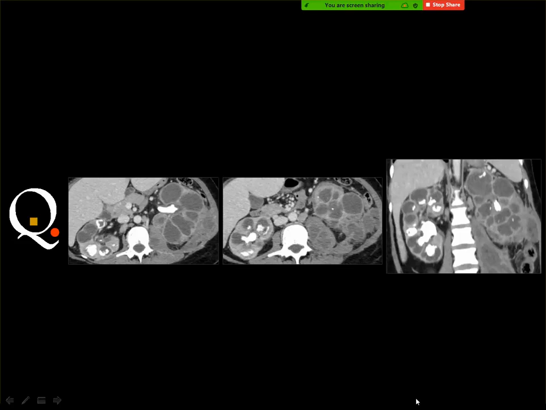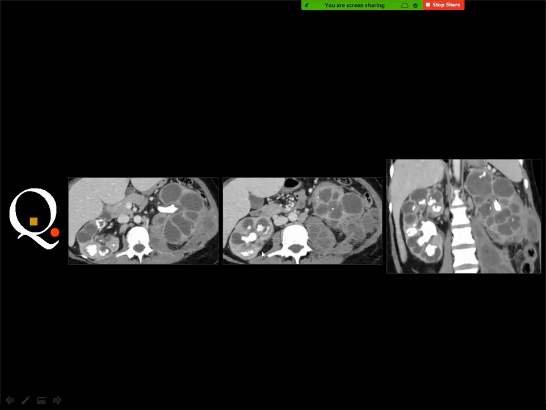Xanthogranulomatous. On which side? Bilateral. Yes, and this is an extremely rare condition, where you can see that the xanthogranulomatous pyelonephritis is bilateral. This kidney is not functioning and is a source of recurrent infection, and it should be removed.